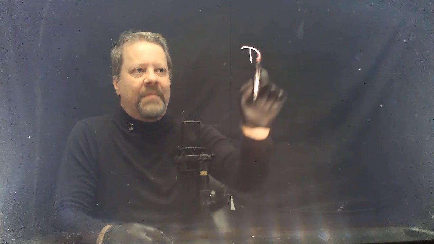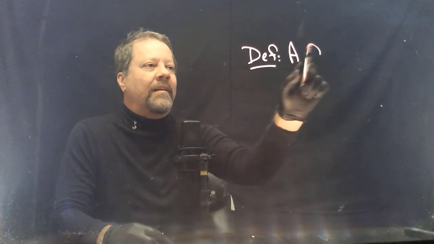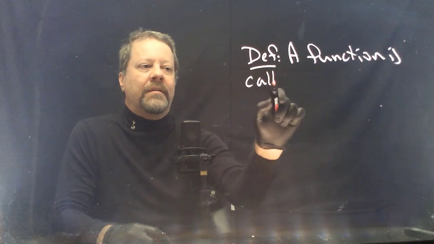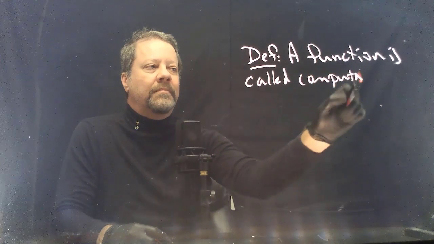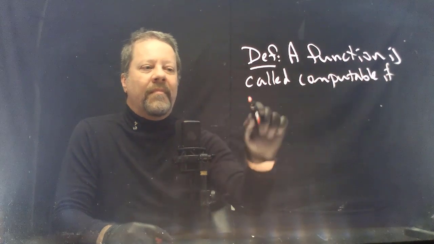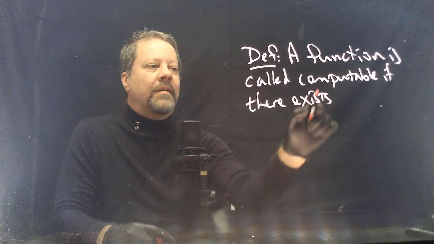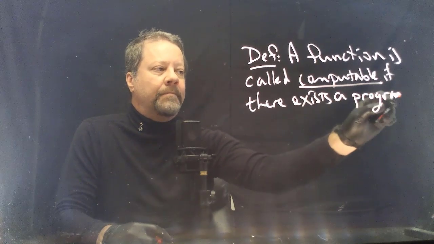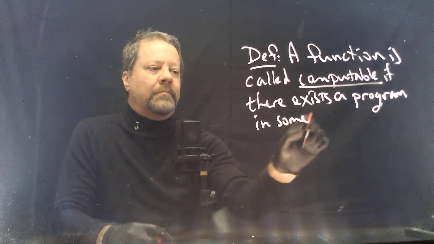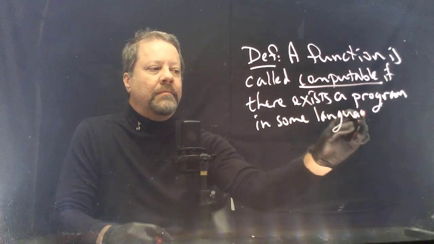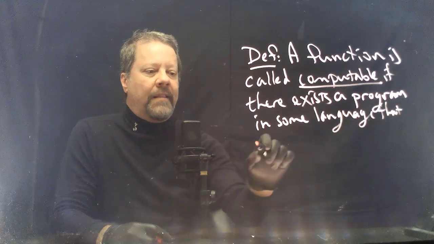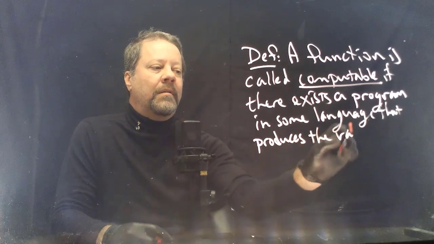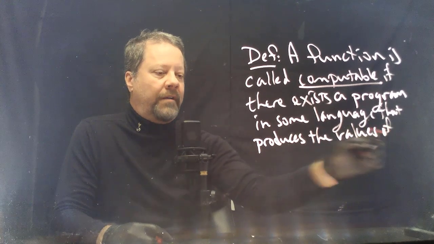Let me give you a maybe not so good definition. A function is called computable if there exists a program in some language that produces the values of the function.